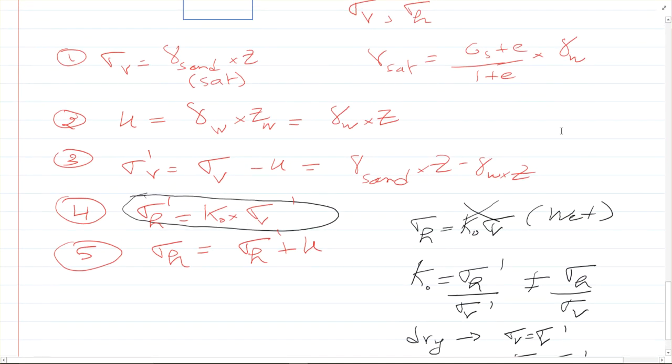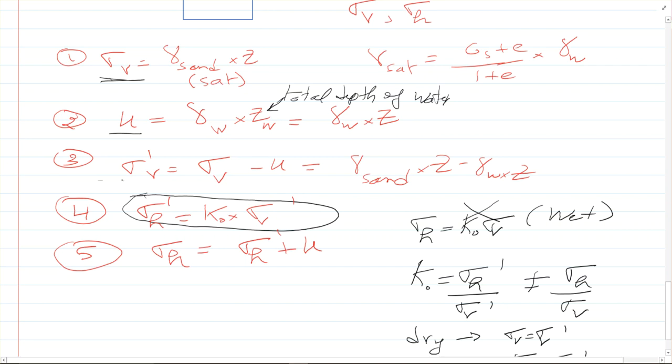Now these steps are the script to solving the question. Again, we must find the total vertical stress, which is the sum of gammas times the depth or thickness of each layer. We must find the pore water pressure, which is the unit weight times the total depth of water until we reach the point of interest.